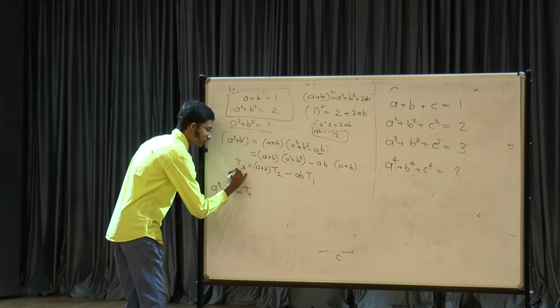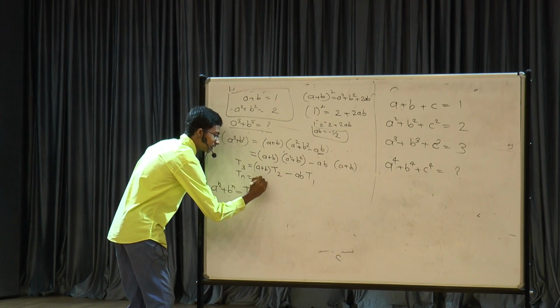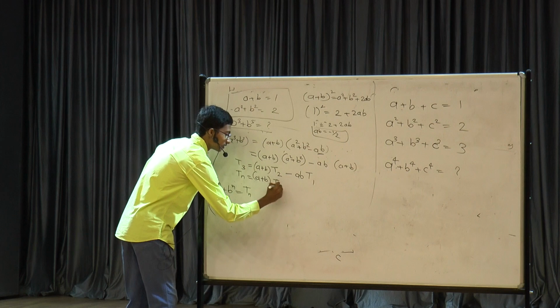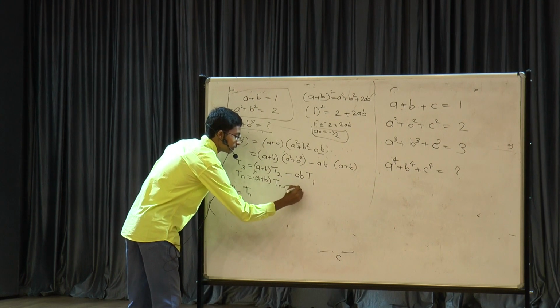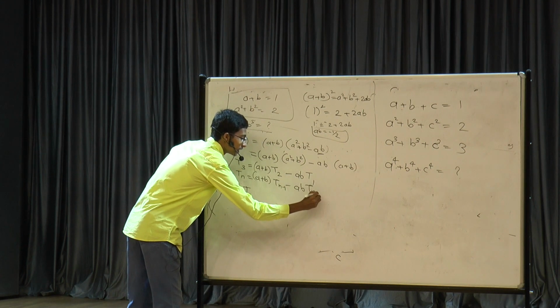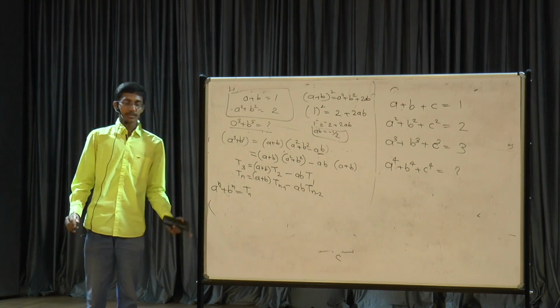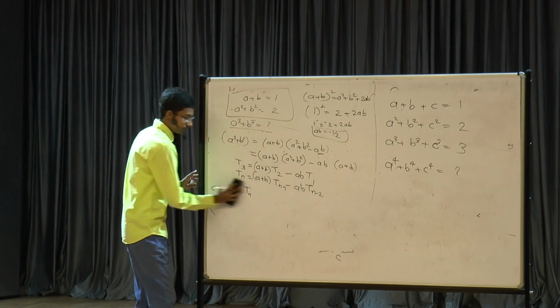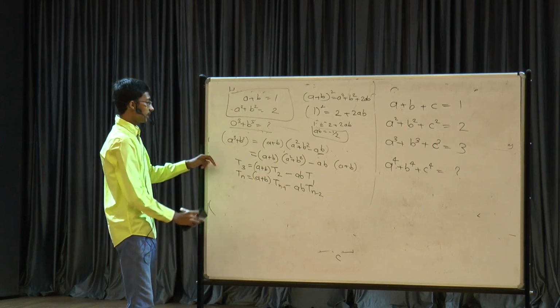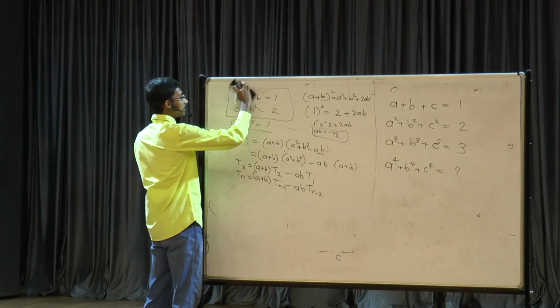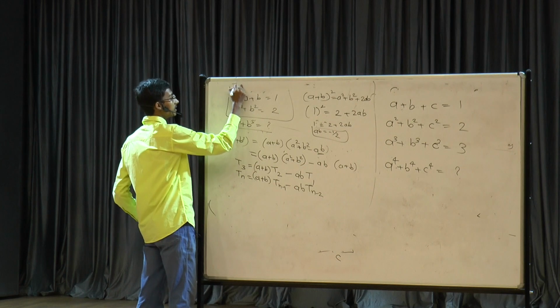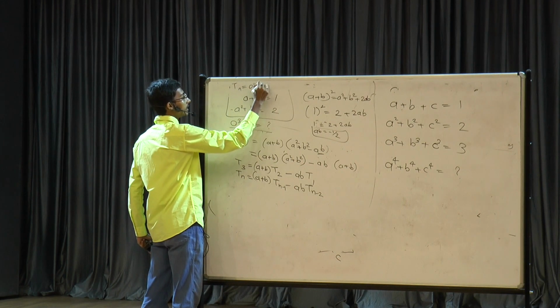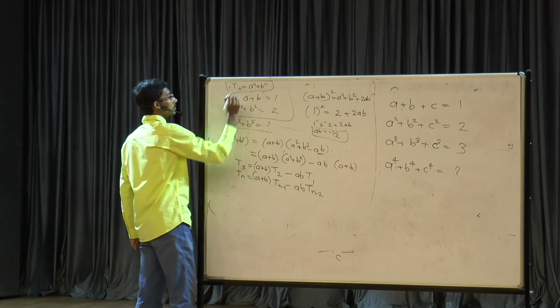What I am telling you is, you can have Tn is A plus B Tn minus 1 minus AB Tn minus 2. Can you think of this? So it's very easy to see. Let's write the definition here. Tn is A power n plus B power n.